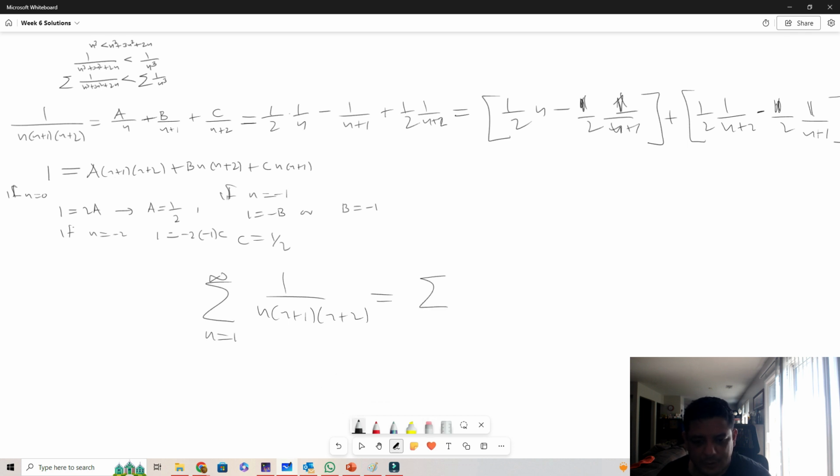The sum from n equals 1 to infinity of, and I'm going to use a 1/2 here, 1/n minus 1/(n plus 1), plus 1/2 times the sum from n equals 1 to infinity of 1/(n plus 2) minus 1/(n plus 1).